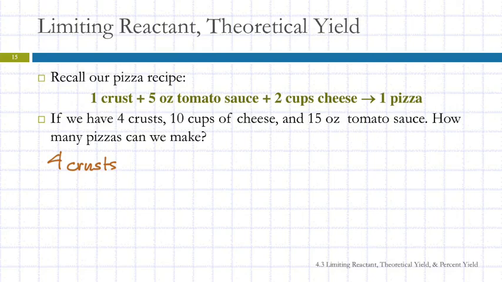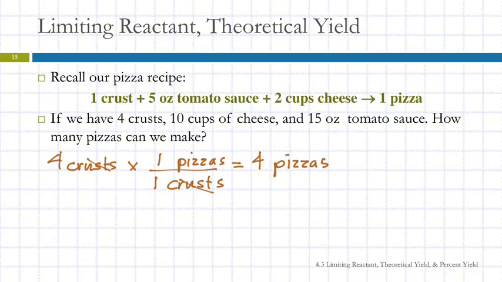So 4 crusts, if we're trying to convert that into pizzas, we're going to multiply by the number of pizzas, divide by the number of crusts, and the unit crust cancels out. Our recipe tells us that we need 1 crust for every 1 pizza. So 1 pizza from every 1 crust. So if we use up all the crusts, we could make 4 pizzas.